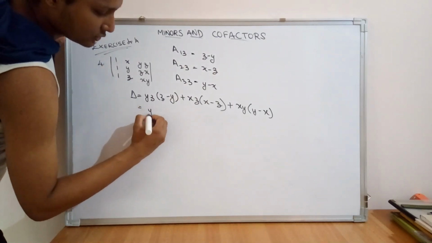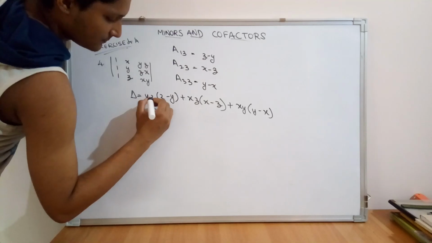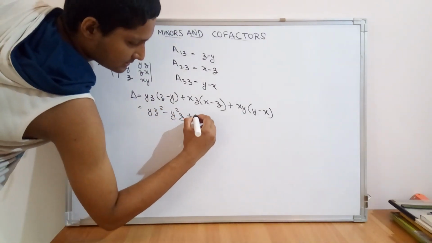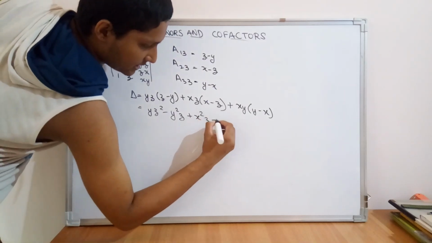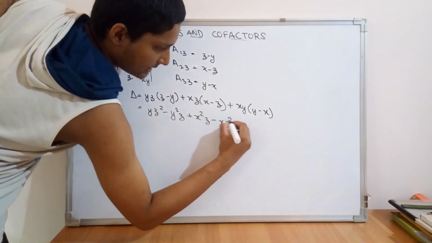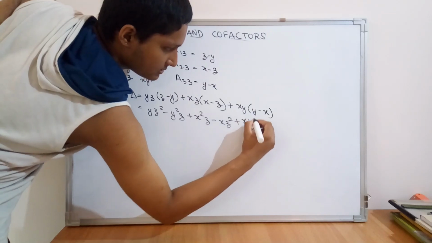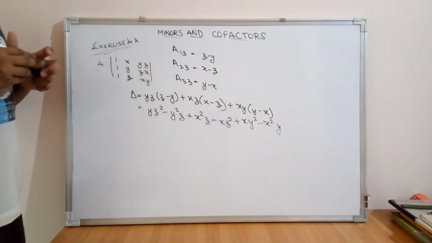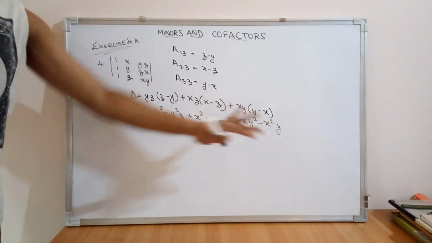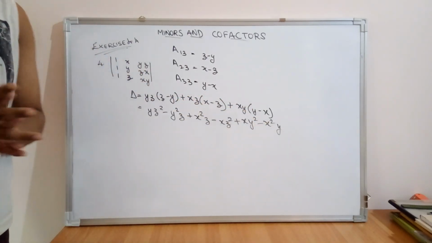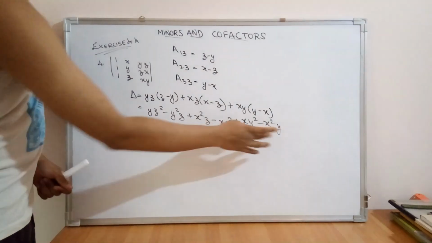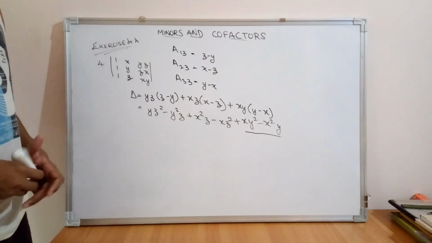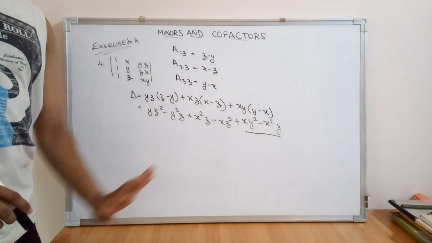So we'll just expand. It's going to be yz square minus y square z plus x square z minus xz square plus xy square minus x square y. Okay, so out of these three factors, maybe one factor I can take out. For that, maybe I'll just unite these two terms here, so that I get some x minus y or y minus x.